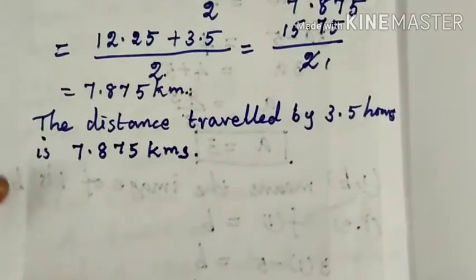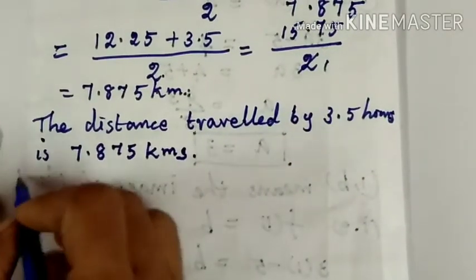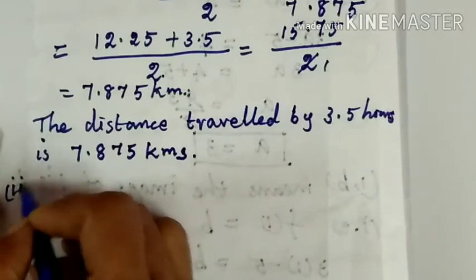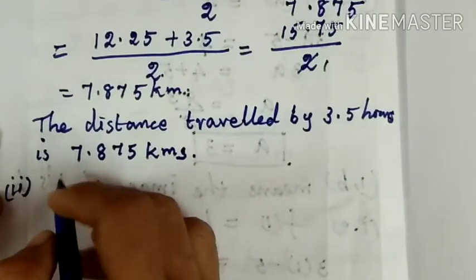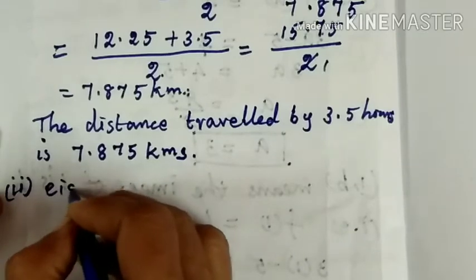Now we go to the next subdivision. See the next subdivision. What is the given time? 8 hours and 15 minutes.